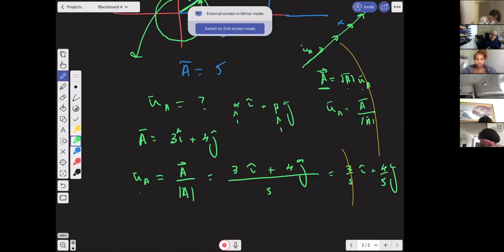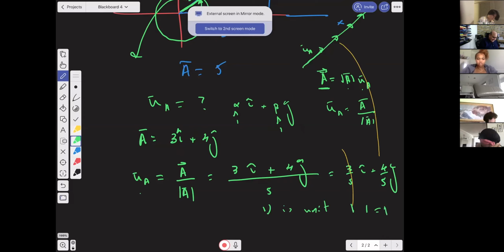Now comes the final proof. The final proof is to draw this vector and see that, first, it is unitary. What does unitary mean? The magnitude is 1.